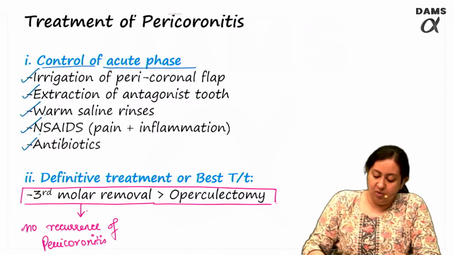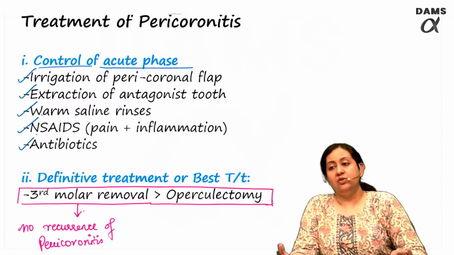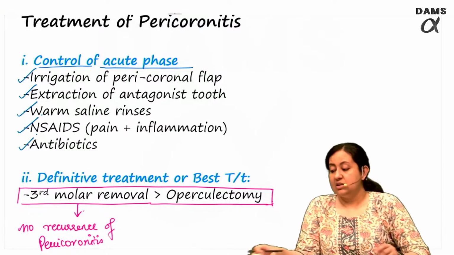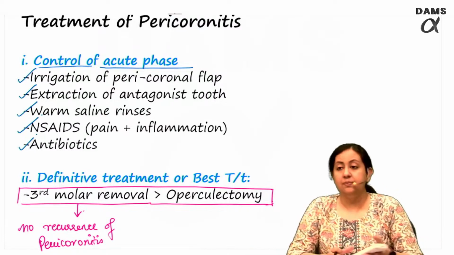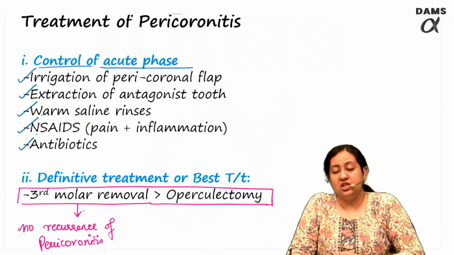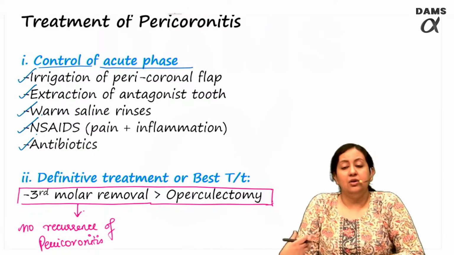Operculectomy, I told you, is removal of the pericoronal flap or pericoronal tissue which is surrounding the impacted tooth. You just remove the soft tissue in operculectomy. But the soft tissue tends to grow back again due to various factors.